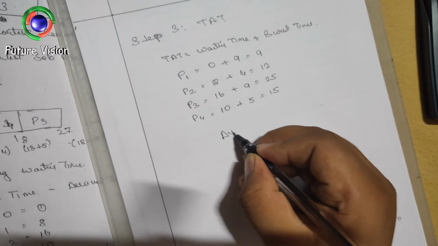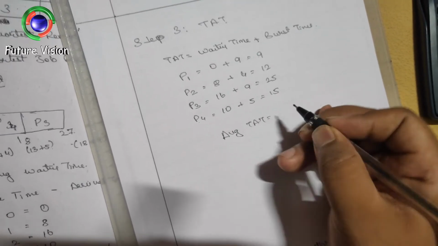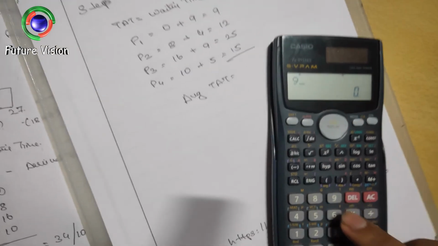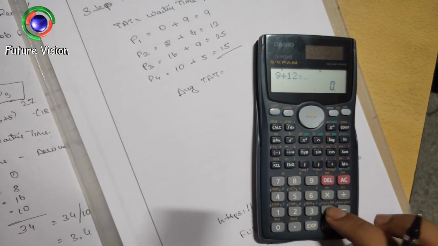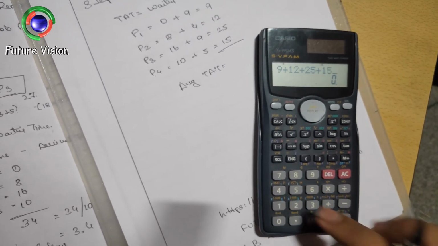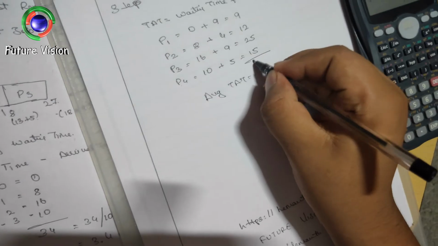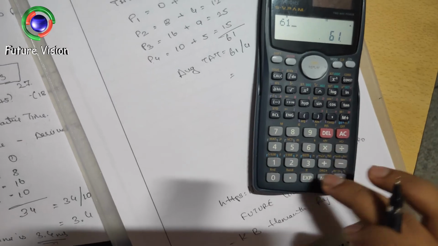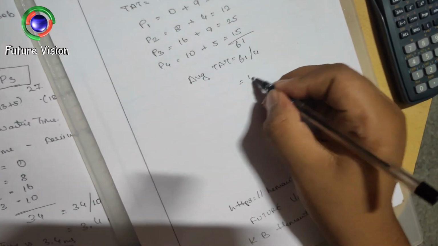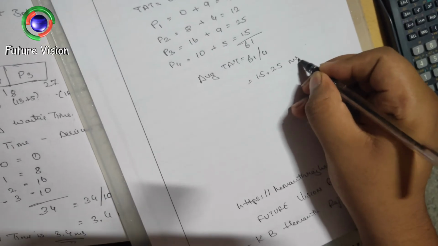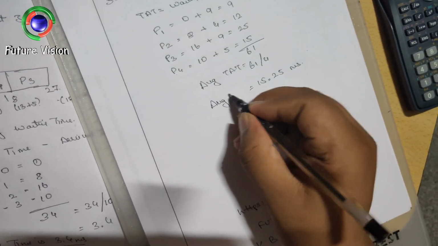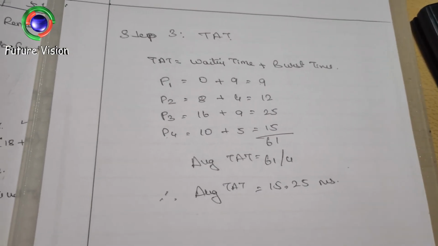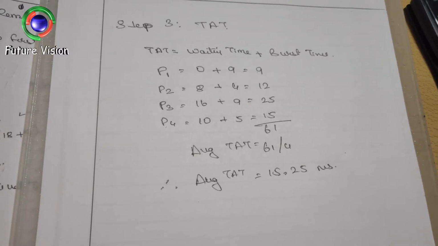You can just calculate here: 9 plus 12 plus 25 plus 15, that's 61. 61 divided by 4 is 15.25 milliseconds, the average turnaround time. We need to calculate the average turnaround time only if it has been asked.